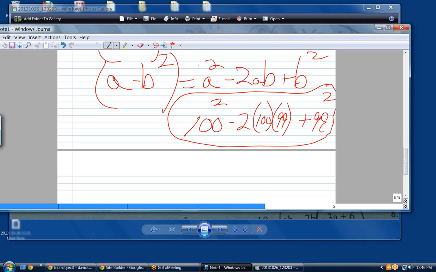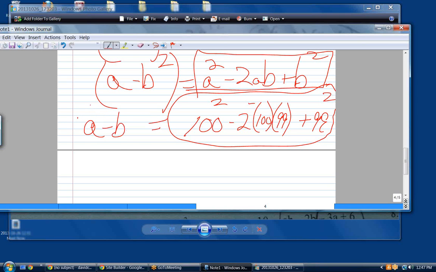If you know this, that's what you're looking at. You're looking at a squared minus 2ab plus b squared. So what is this equal to? A minus b squared. What's a and what's b? A is 100, and b is 99.